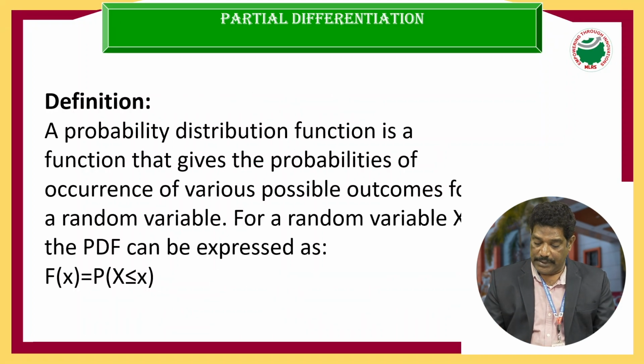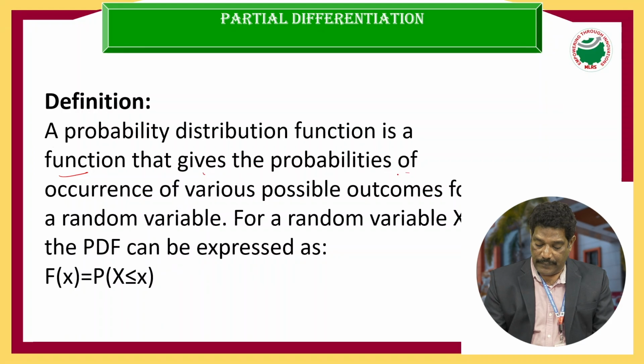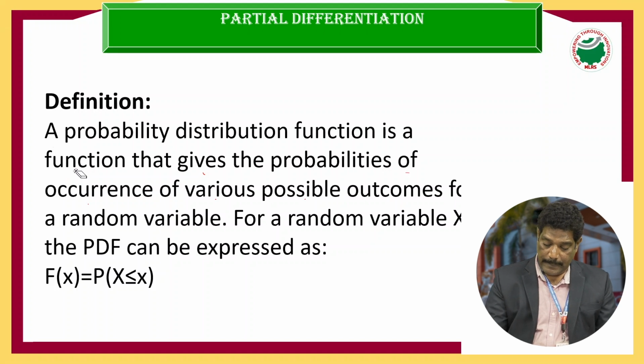Let's see the definition. A probability distribution function is a function that gives probabilities of occurrence of various possible outcomes for a random variable.